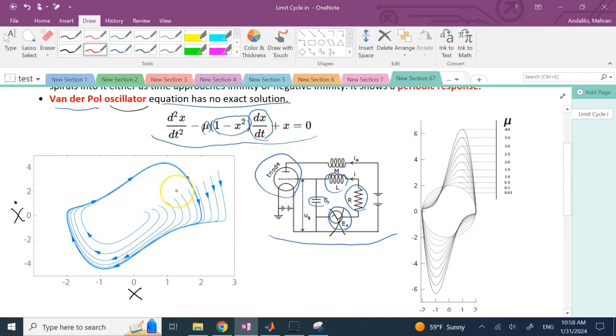So here, regardless of where I start my initial condition, I can start here, for instance, at this point here, 1 and 0. Okay, I start here.